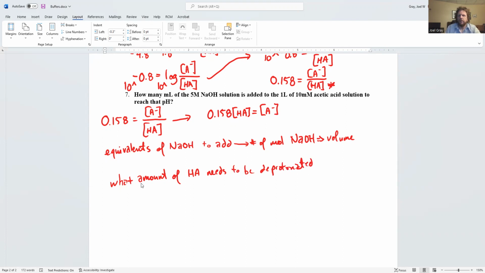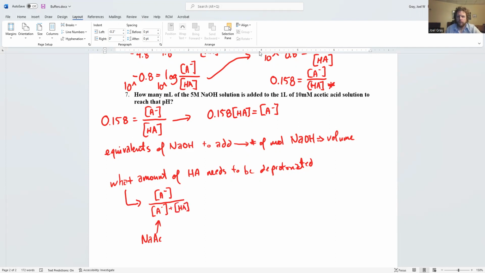When we look at that, we can say the amount of HA that needs to be deprotonated is the same as the ratio of our deprotonated form, the sodium acetate concentration, divided by the total amount of acetate present in the solution, both in the form of sodium acetate plus our HA.